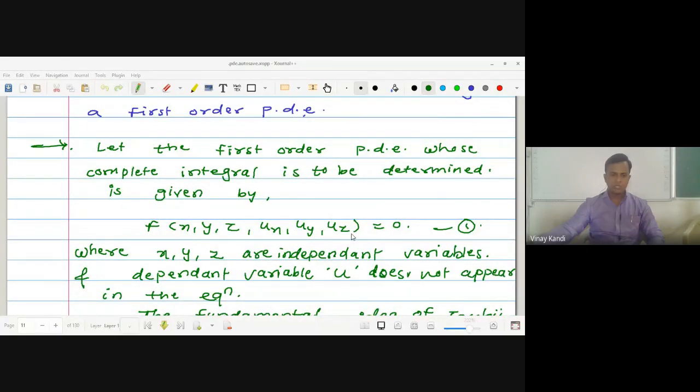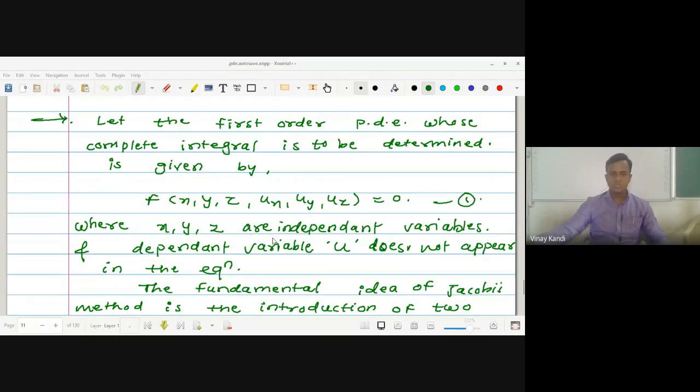Here x, y, z are the independent variables, and the dependent variable u does not appear in the equation.